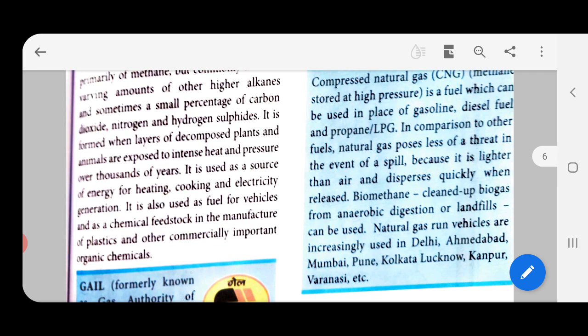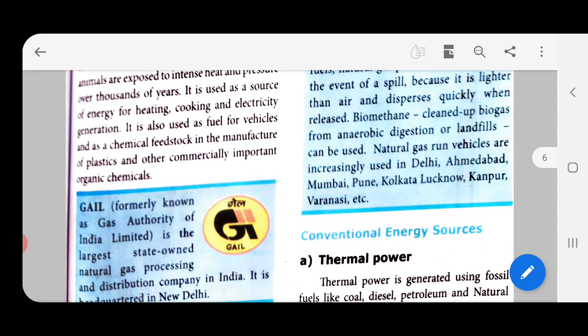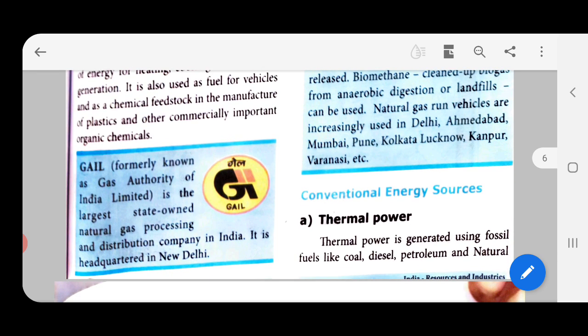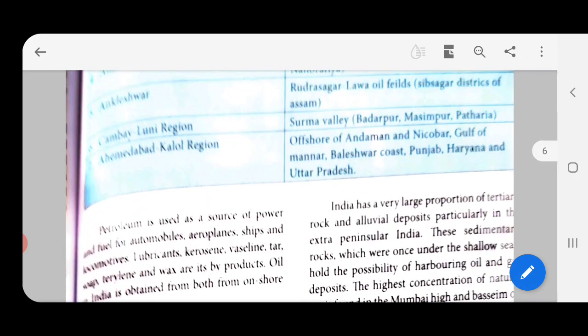It is used as a source of energy for heating, cooking and electricity generation. Generation means producing. It is also used as fuel for vehicles and as a chemical feedstock in the manufacture of plastic and other commercially important organic chemicals.